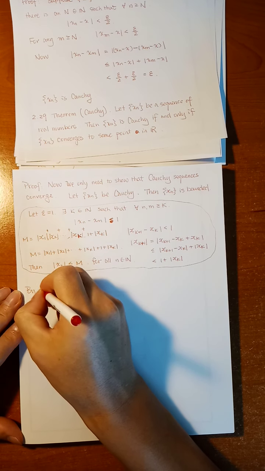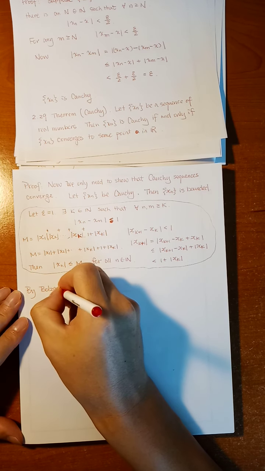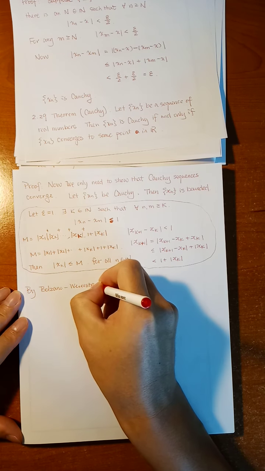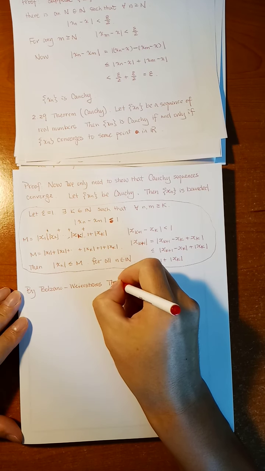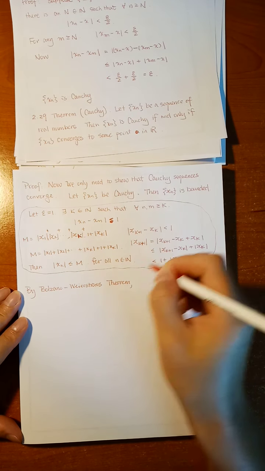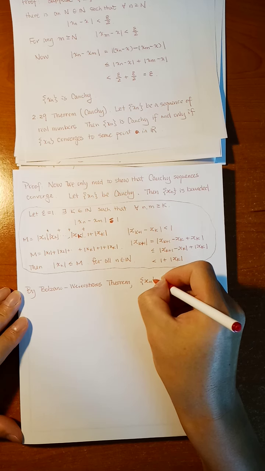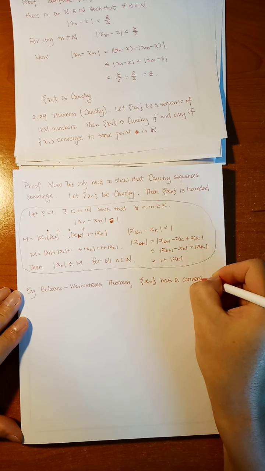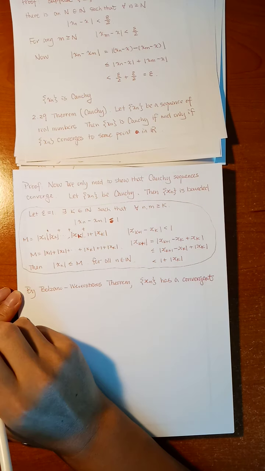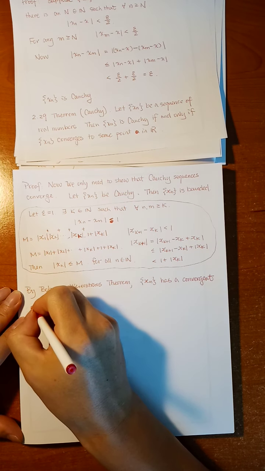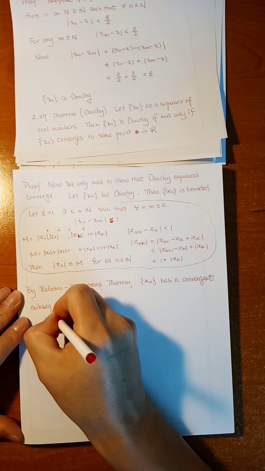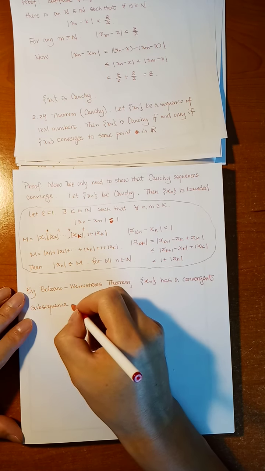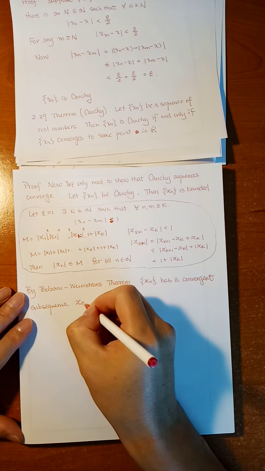By the Bolzano-Weierstrass theorem, Xn has a convergent subsequence. Let's call it xnk.